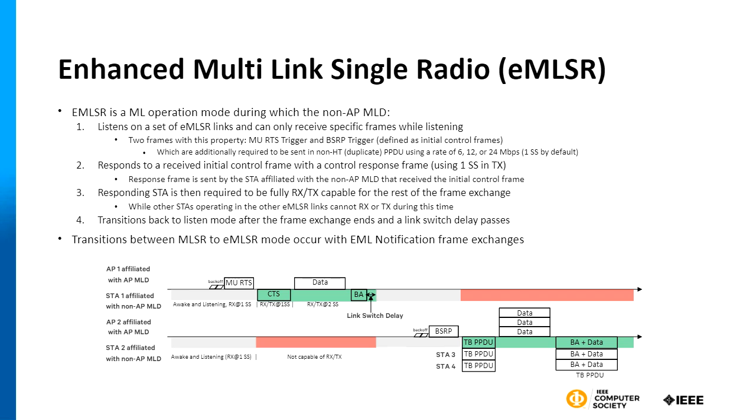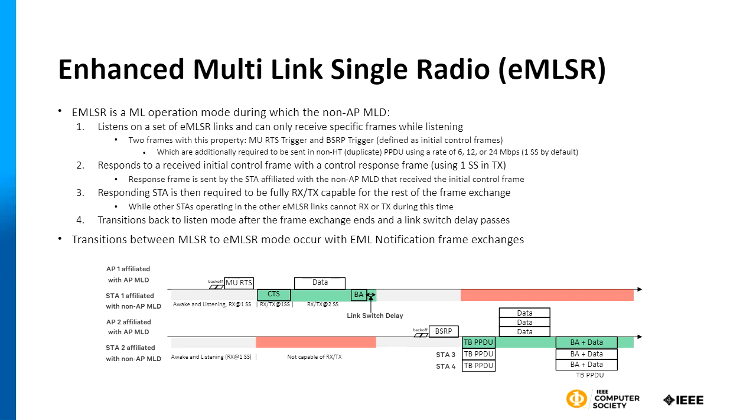These certain frames are MU-RTS trigger or BSRP trigger that are very simple from a PPDU perspective. So they are required to be sent in non-HT PPDU, so legacy PPDU with a mandatory rate of up to 24 megabits per second, so that the RX front end in listen mode can be as simple as possible.